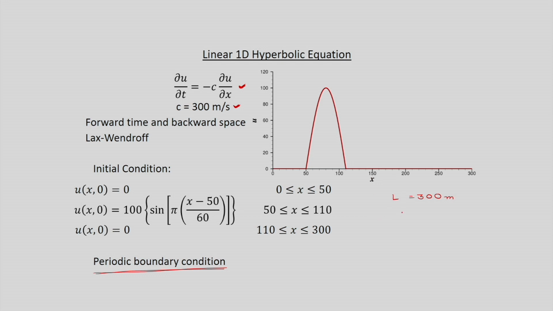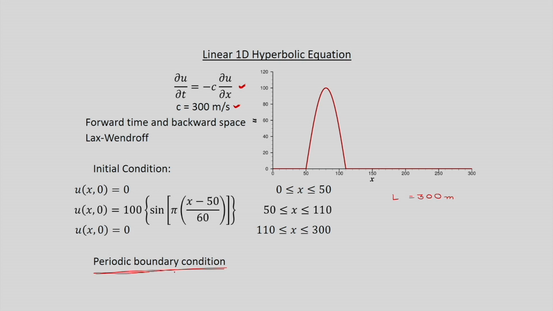So, what does it mean? That whatever flow is going out, that is coming in, okay. So, we will apply periodic boundary condition for this problem. And what is the initial condition given? So, you can see that at t is equal to 0, okay, u is 0 for 0 to 50.